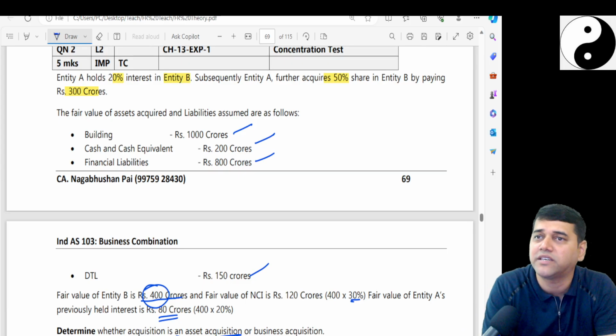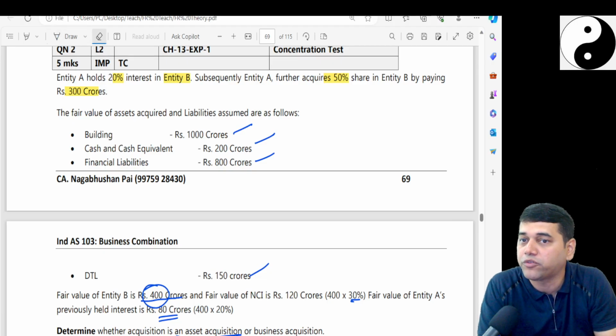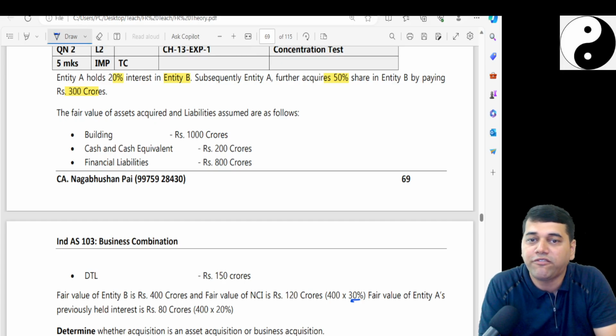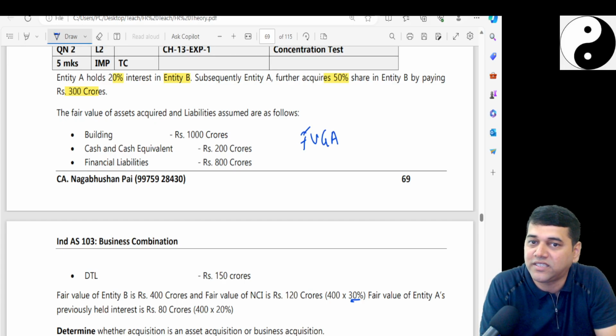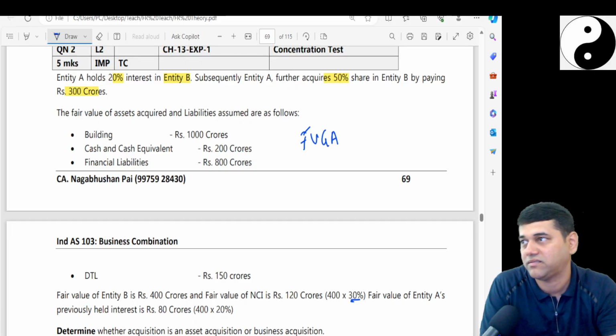Do whatever, make mistakes, no problem. Just try it yourself. Before we proceed, I will just remind you what the concentration test is. You have to calculate the fair value of gross assets and check whether that is concentrated in any single asset.